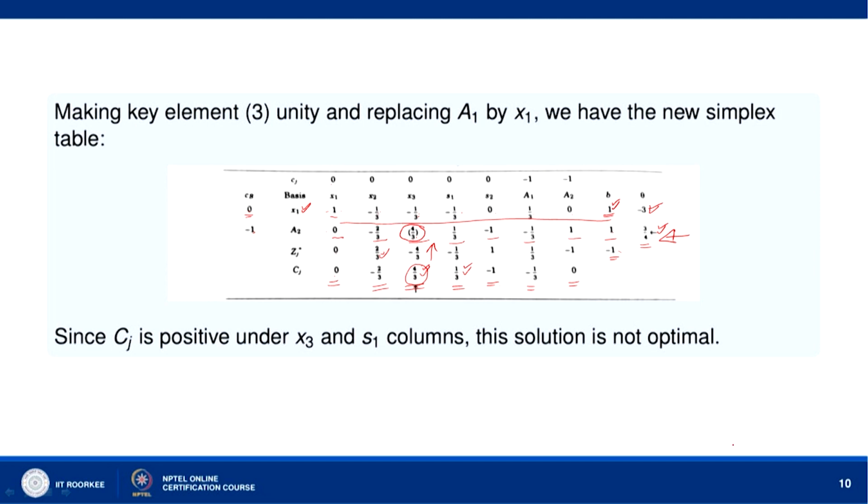Now, what will happen? x3 will come in and a2 will go out. So, instead of a2, in the new table we will have x3, and the value in the CB column will be 0. And what we will do then? The elements of the key row will be divided by the key element, that is 4 by 3, to bring unity here.